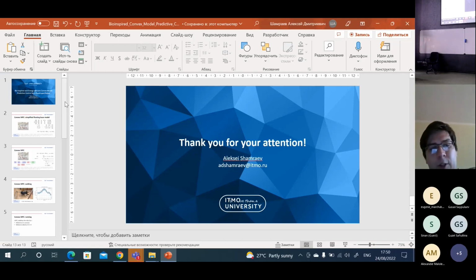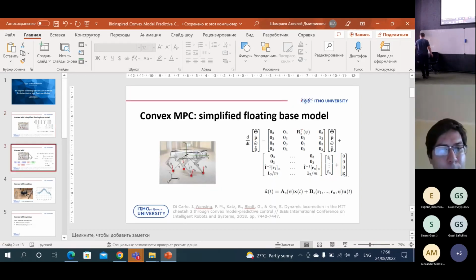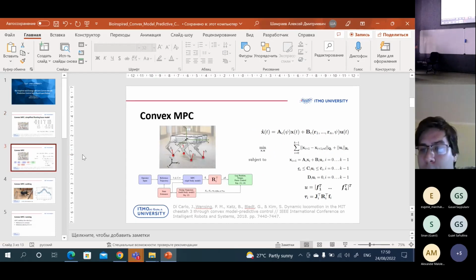So this is the key feature of convex MPC with inequality constraints, and they're really important because with these constraints we can constrain the inputs, like the ground force that the leg of a robot can generate.